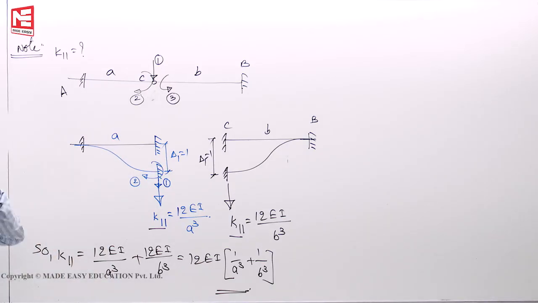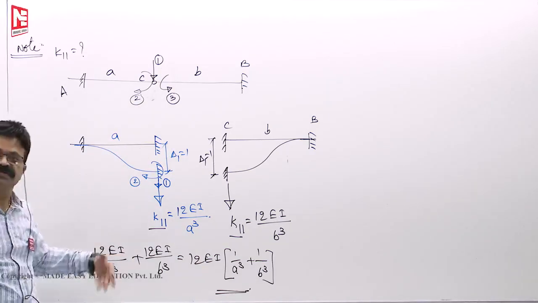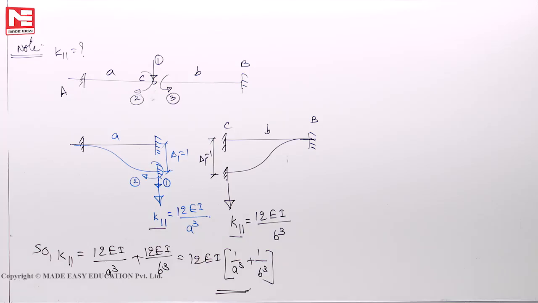Okay, now that means depending on the coordinate system, the stiffness coefficients also can change. Now let us see a continuous beam.